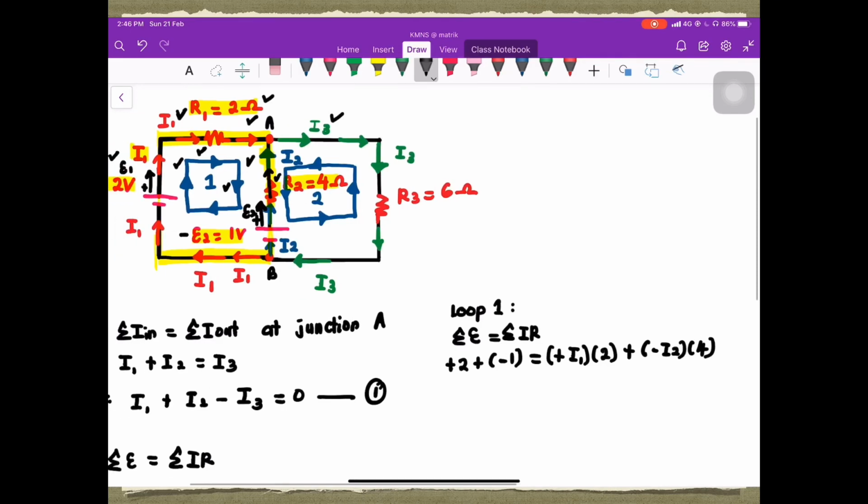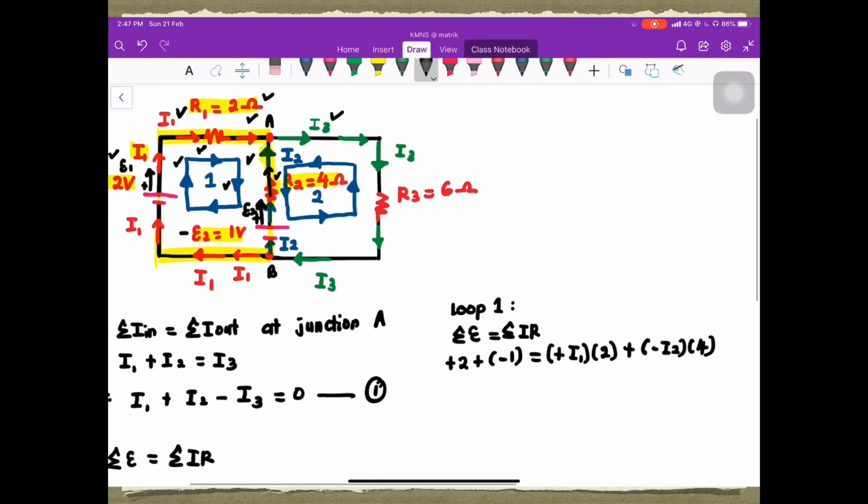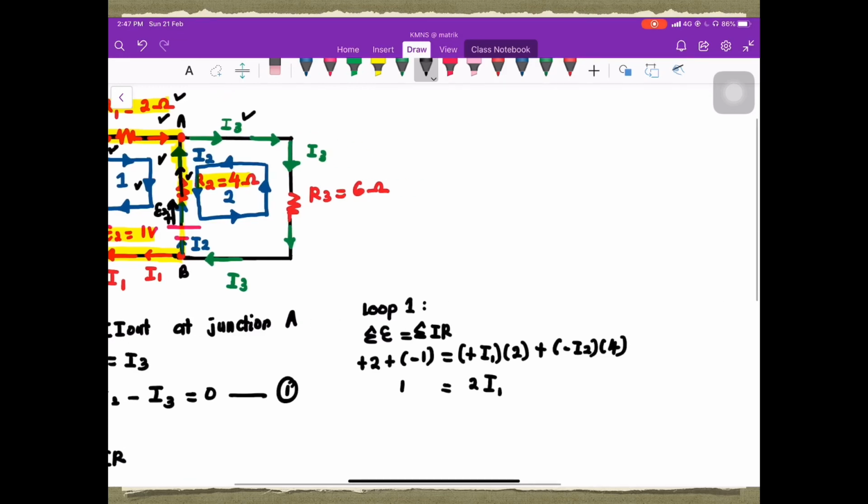Simplify: 1 equals 2 I1 minus 4 I2, and since loop 1 has no I3, just put 0 I3. This becomes your second equation.